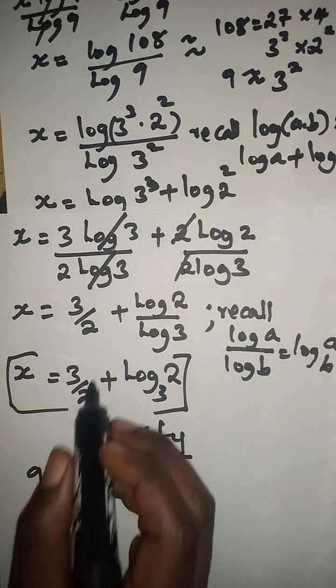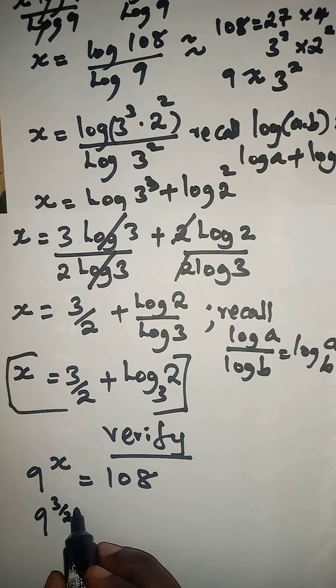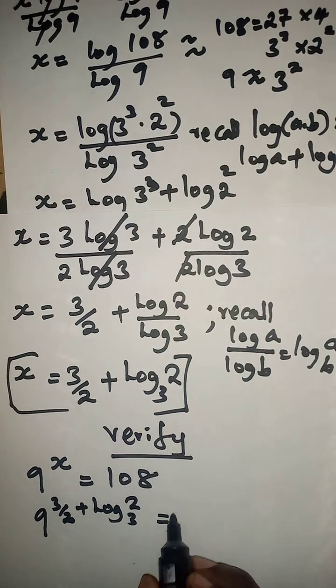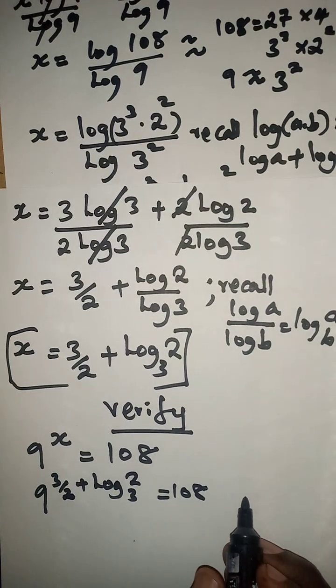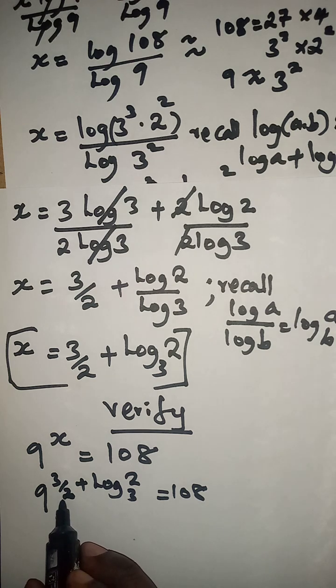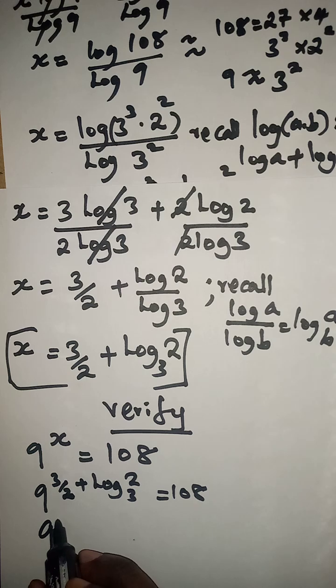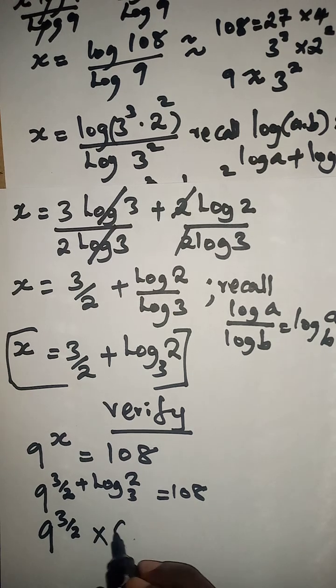So let us go and verify. Wherever I have x, I'm going to replace it with 3 over 2 plus the log of 2 to the base of 3, and it should give me 108. When I add the powers, I'm going to separate this by multiplying the bases.